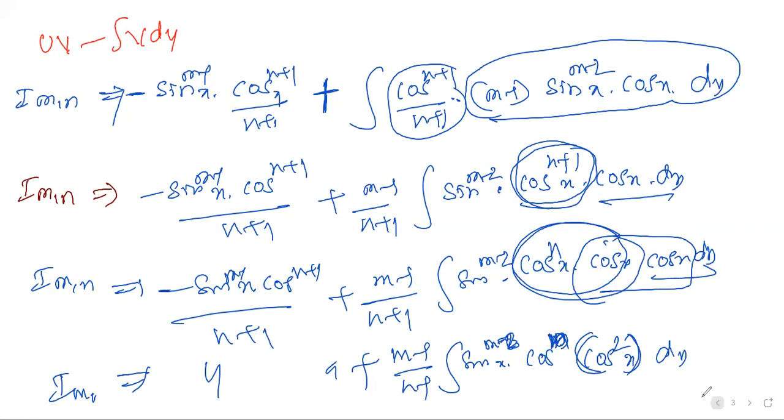I(m,n) is equal to minus sin^(m minus 1) x into cos^(n plus 1) x by (n plus 1), plus integration of what is going to happen here, (m minus 1) by (n plus 1).